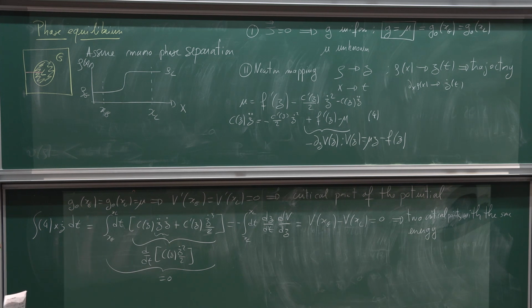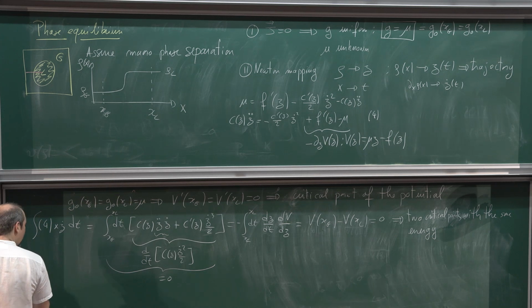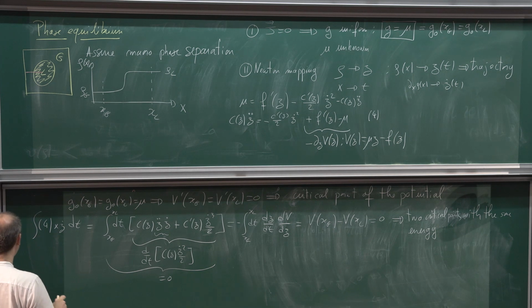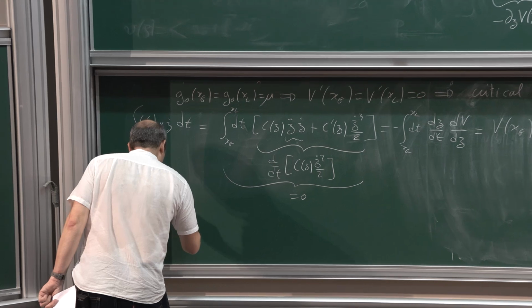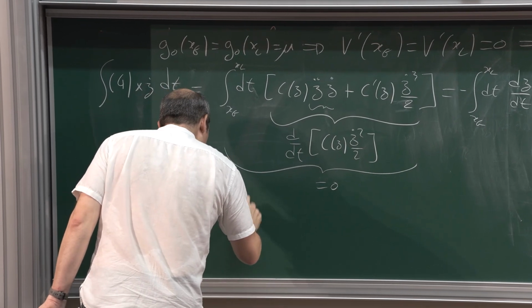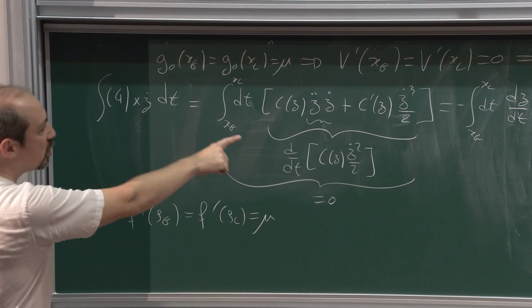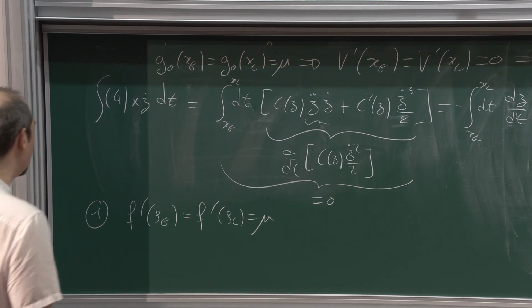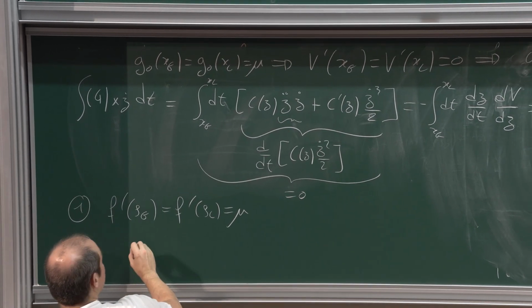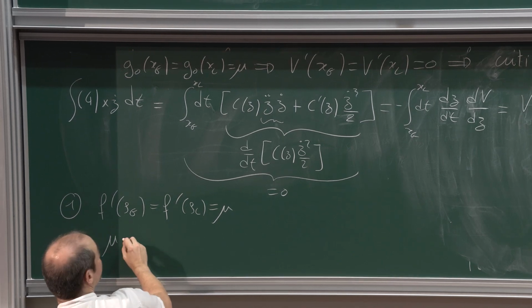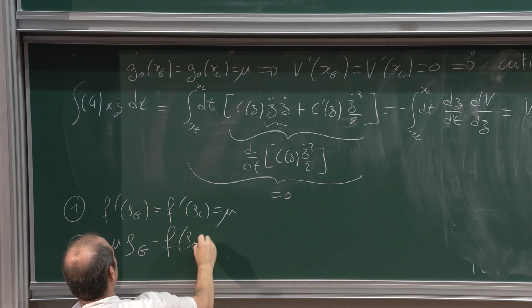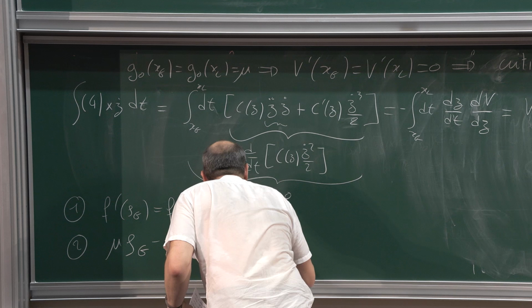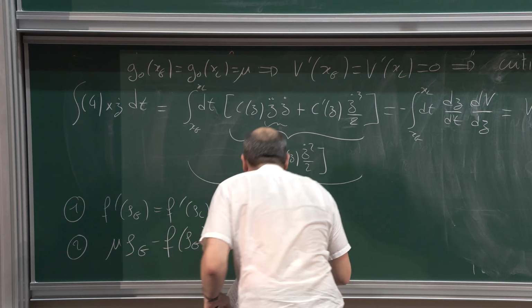Now, can we understand the physics of these equalities? So let's recap. We have our first condition: f prime of rho gas equals f prime of rho liquid equals mu. And now for the second equality, we can look at the expression of mu: mu times rho gas minus f of rho gas is equal to mu times rho liquid minus f of rho liquid.